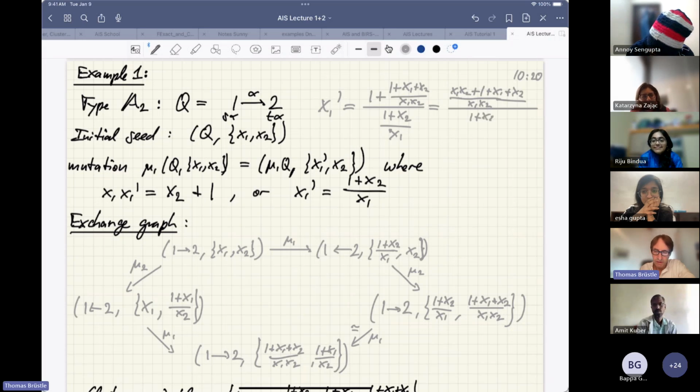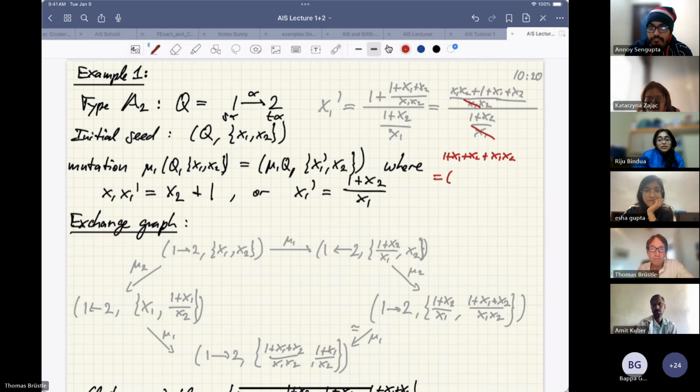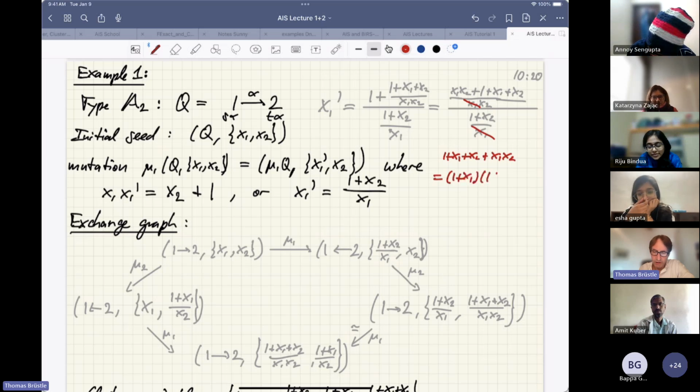I have 1 plus x2 over x1. And now I want to simplify, okay? I can cancel the x1 with the x1 here, good? And then you observe that 1 plus x1 plus x2 plus x1, x2 you can factorize. Can you tell me what it is? 1 plus x1 times 1 plus x2.